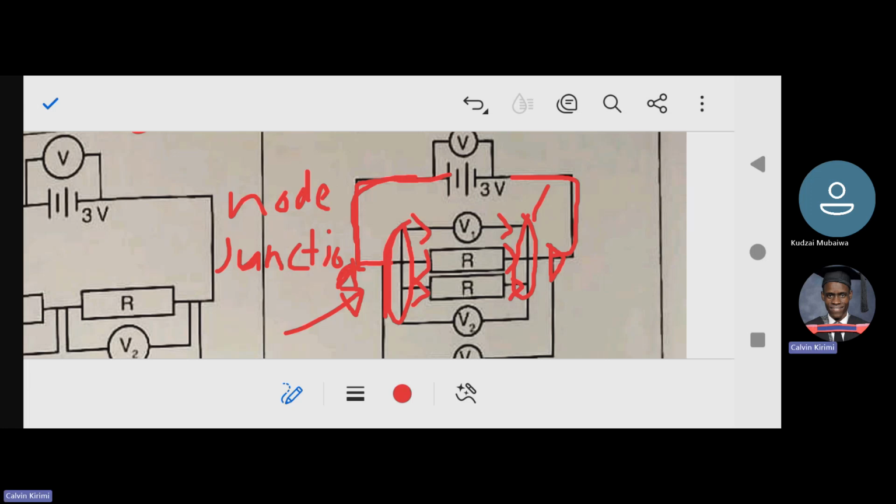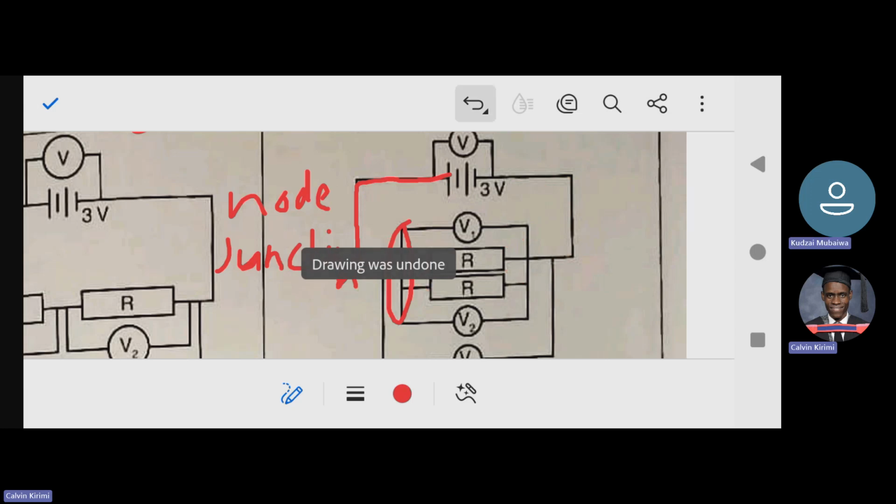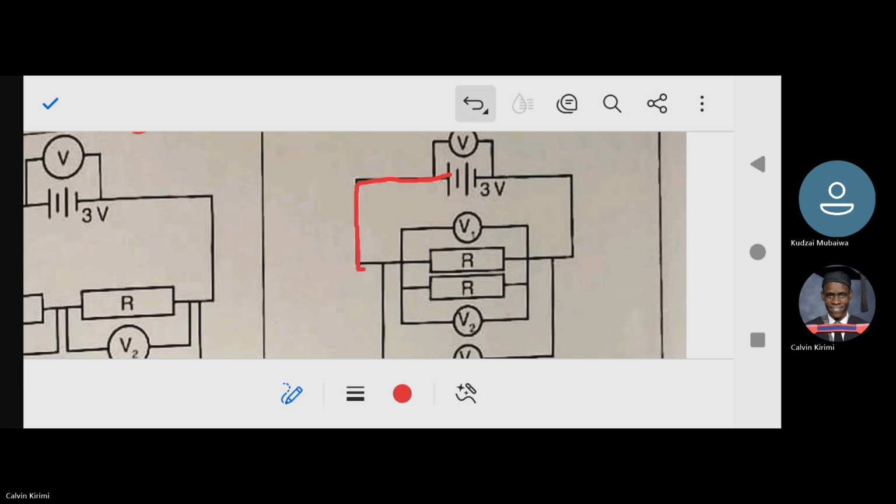Some current goes through the first resistor and the second resistor. It only splits twice because that voltmeter is just measuring the voltage across the resistors. And then it comes back to where it started from here. Okay, so that is what I was just explaining so that you know the concepts we are talking about.